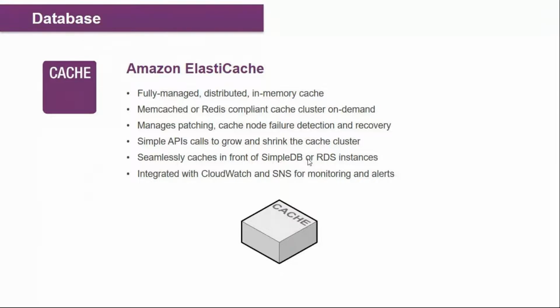Amazon ElastiCache is a web service that makes it easy to deploy, operate, and scale an in-memory cache in the cloud. The service improves the performance of web applications by allowing you to retrieve information from a fast managed in-memory caching system instead of relying on a slower disk-based database on demand. It manages patching, cache node failure detection and recovery.